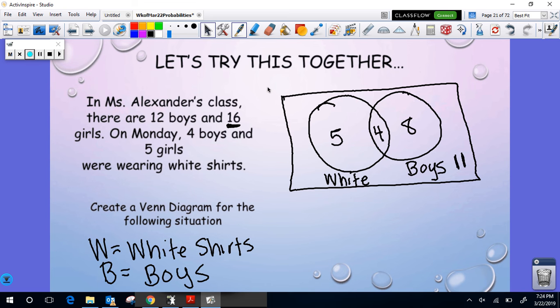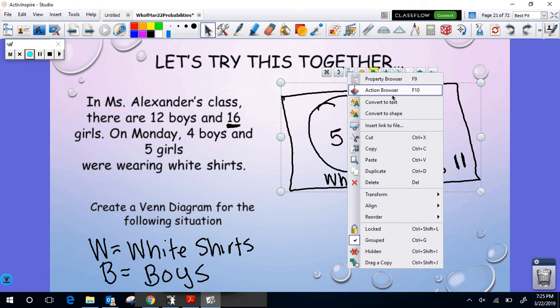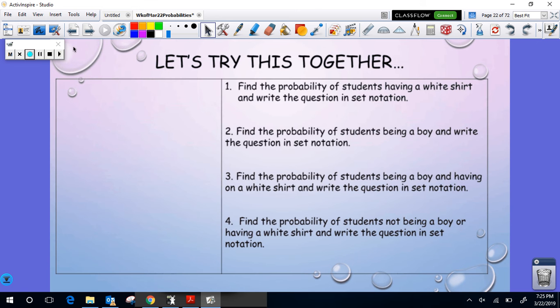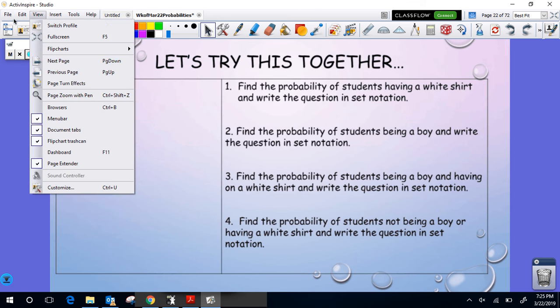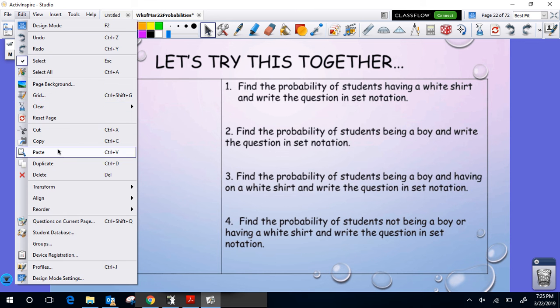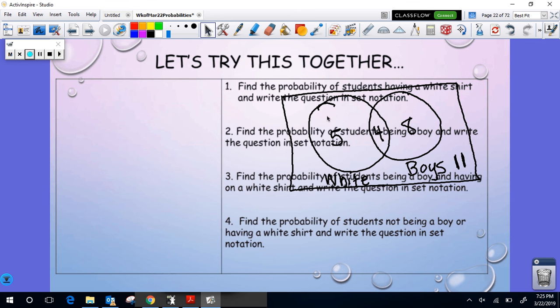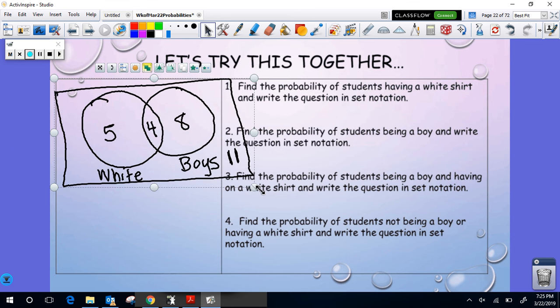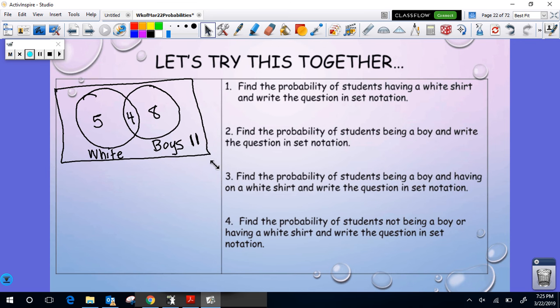Now I'm going to copy this and use this to help me answer the rest of the questions. Okay, so here's my Venn diagram.